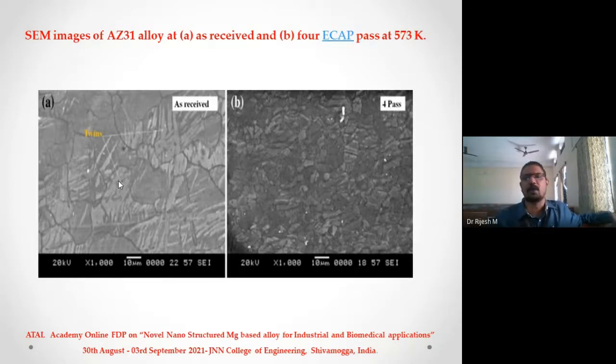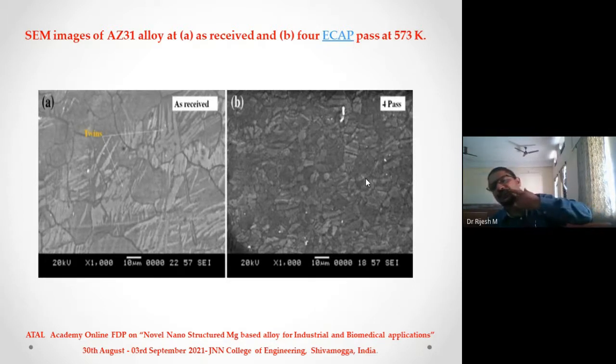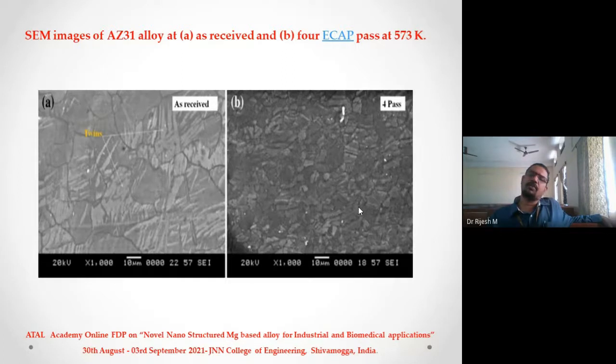The force and energy required to twin is lower. If you look at magnesium at 573 Kelvin, it is twinned. It's in the as-received condition. And after 4 passes, you still see a few twin bands, but the majority of them have gone to a fine grain structure.